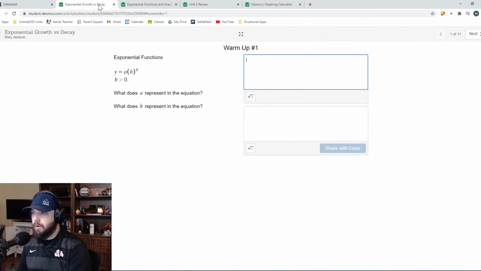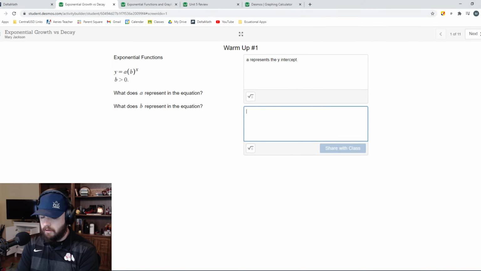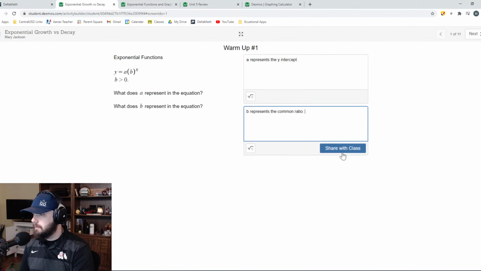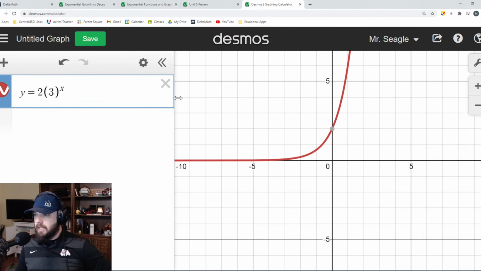So a represents the y-intercept. And b is going to be our common ratio. So b represents the common ratio. Right? So those are 2 things that you were supposed to be able to determine from our equation. And our common ratio is just how much we multiplied by.